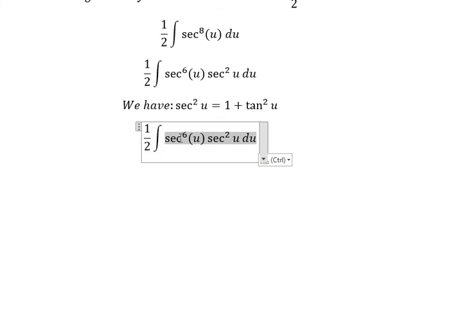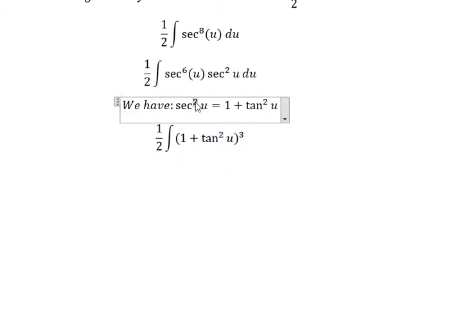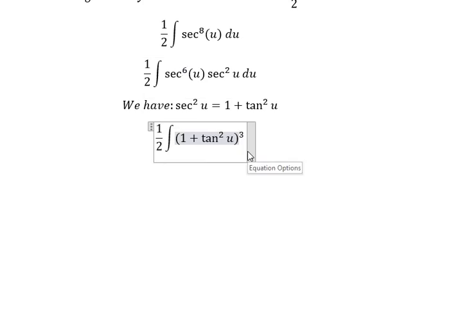So in here we have sec u to the power of 6. We need to change it to 1 plus tan u squared, to the power of 3. Because in here we have the number 2, but we have the number 6. 6 divided by 2, you get the power of 3 in here.